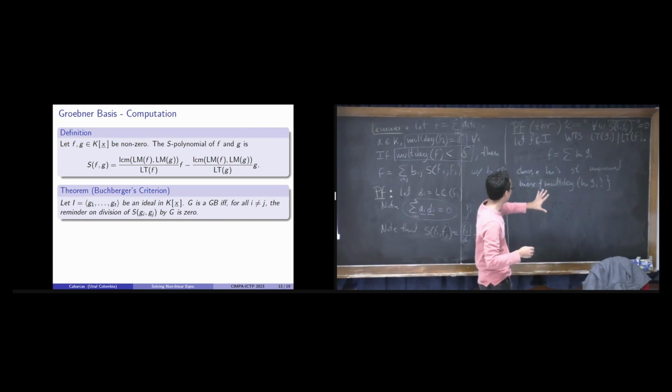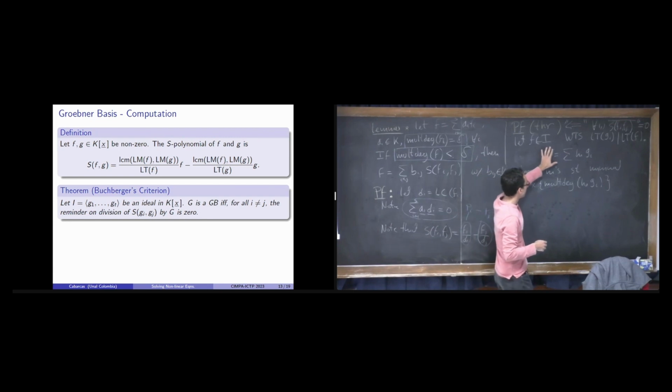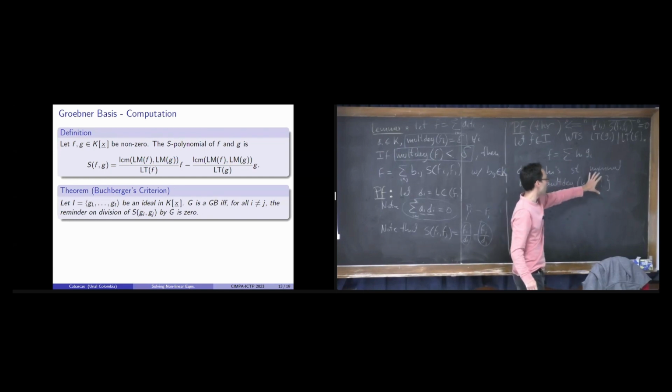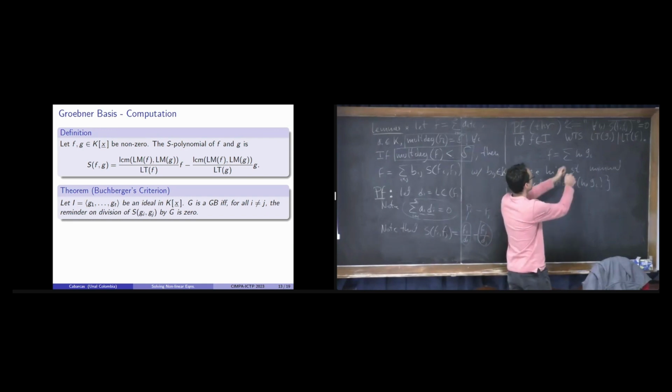We can choose. We can assume that the H_i's are ones that have minimal max multi-degree.